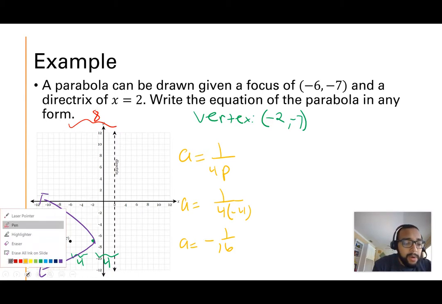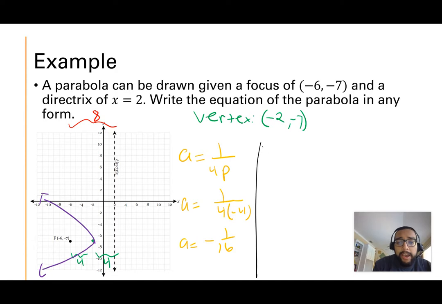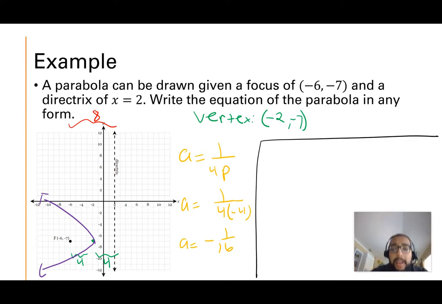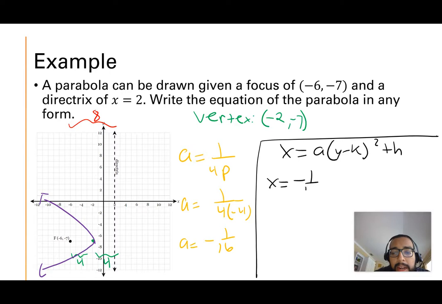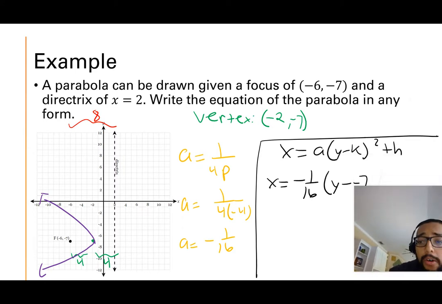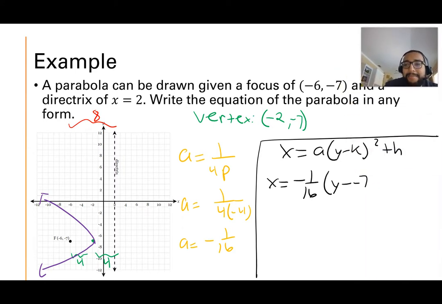And this is quite nice because now I can just go ahead and plug in what I know. I know that my a value is negative 1 over 16. My k value is the y of my vertex. So notice here, it's y minus k, so y minus negative 7, squared.